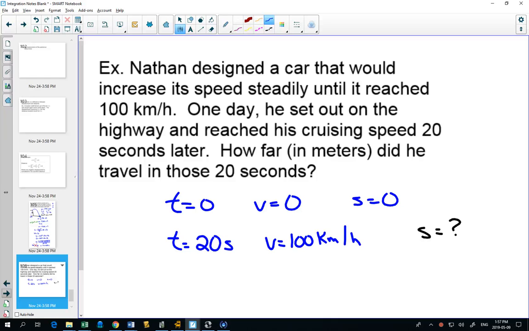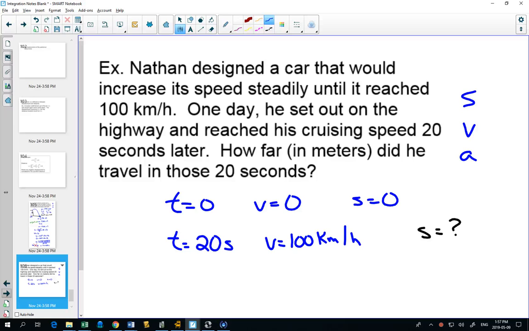Off to the side, just to remind us of everything that's in order. Now, a couple of things to notice in this question before we even get started. What's going to be problematic with the numbers that I wrote down? They're in different units.